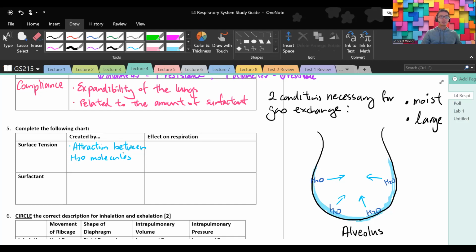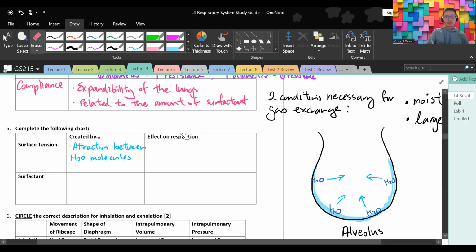Okay, Tina said exhaling, right? And you know, she'd be correct. Because when it squeezes on the alveoli, all the air comes out, right? Okay, so surface tension, the effects of respiration, it will help with exhalation, breathing out. Okay.